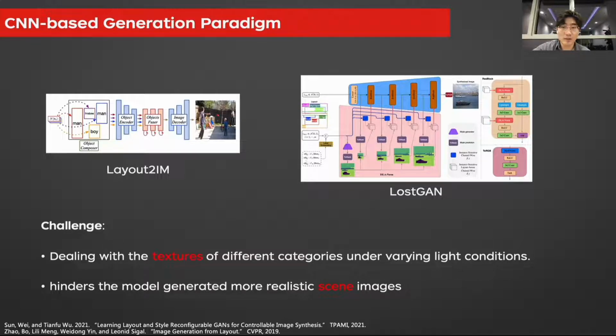For better controllability, LostGAN first generates the semantic masks from layouts. Overall, CNN-based layout-to-image generation methods have achieved promising performance on texture generation. However, they may still struggle to accurately model the dependencies among pixels, which hinders the model from generating more realistic scene images.